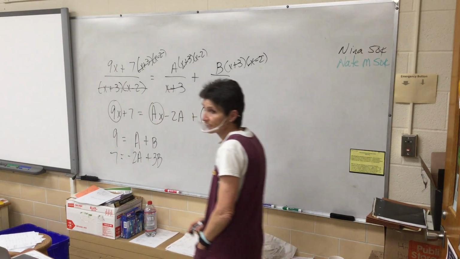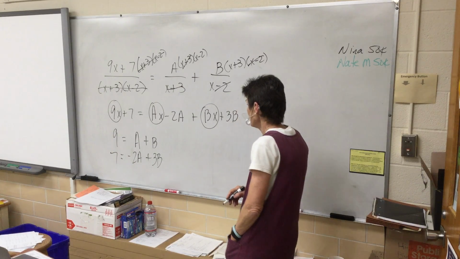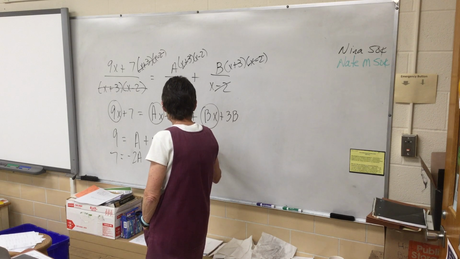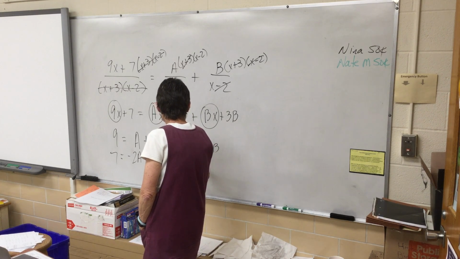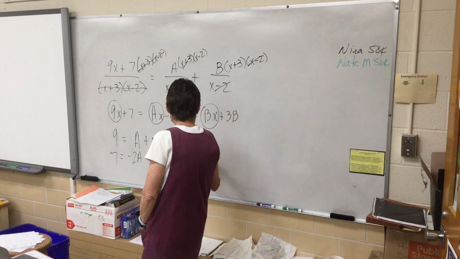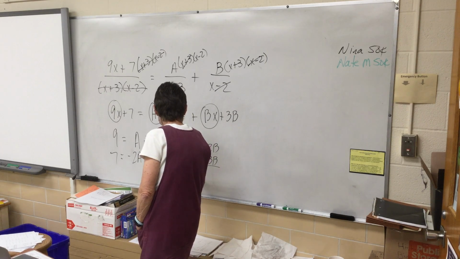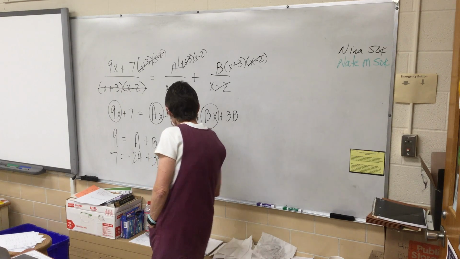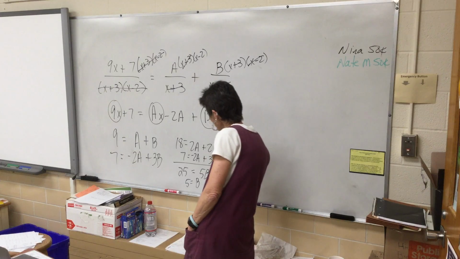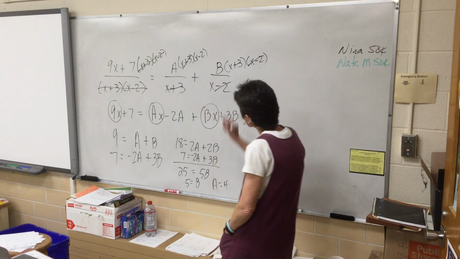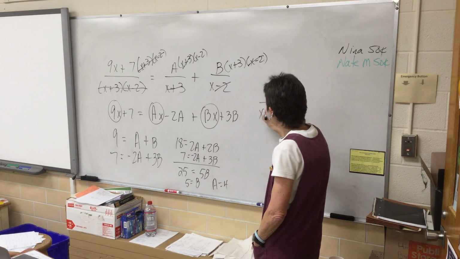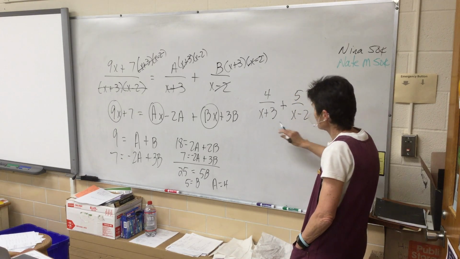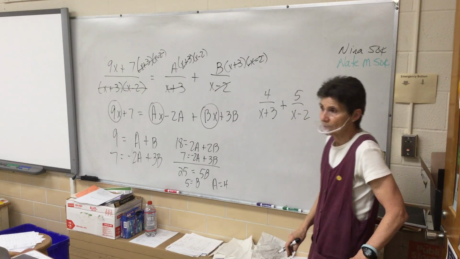Jacob, you got it? Then I just do my substitution or elimination, whatever I want to do. It looks like b is going to be 5 again, and if b is 5, then a has to be 4. So my answer is 4 over x plus 3 plus 5 over x minus 2. That's the way I write the answer to that question.